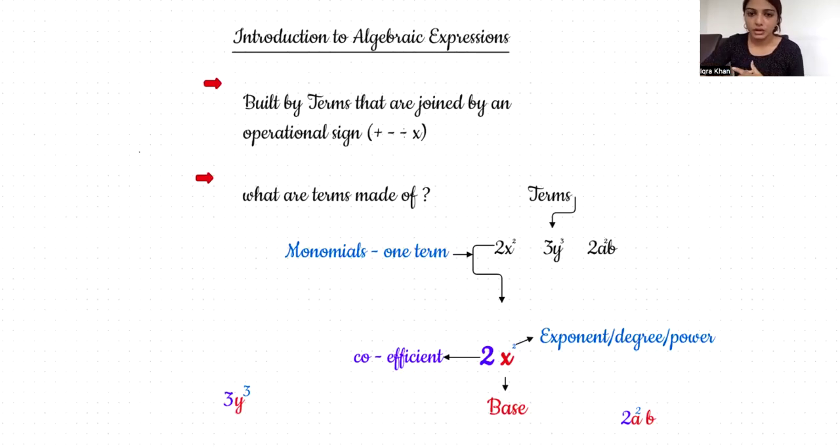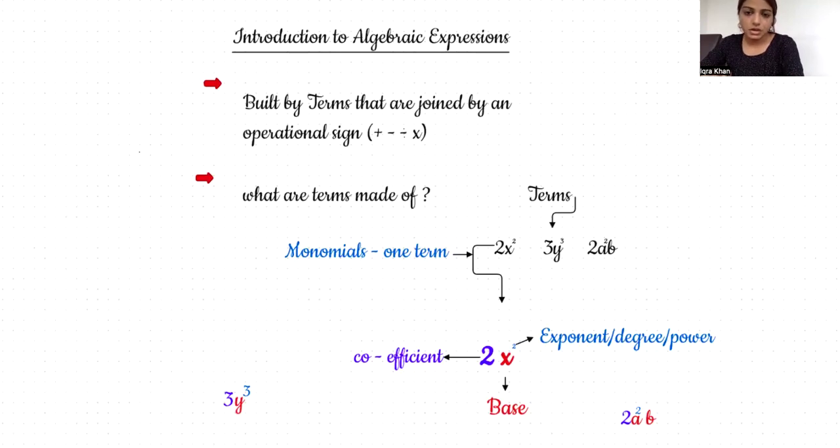So I'm going to help you out there a little bit, okay? I've broken down what terms are made of, and this is going to help you understand why, when you are working with algebraic expressions, it's important for you to know all of this and have this much information about algebraic expressions, because you get questioned on each and every thing about this.